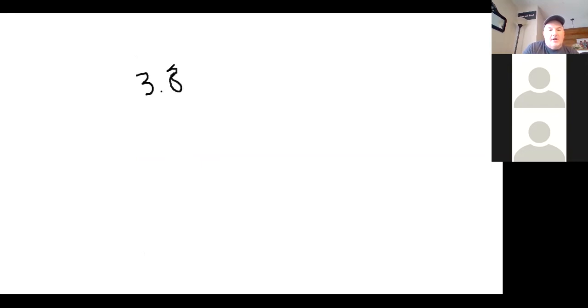Now we have 3.82 times 10 to the negative 3. Now in this case, instead of going to the right, we're going to go to the left.